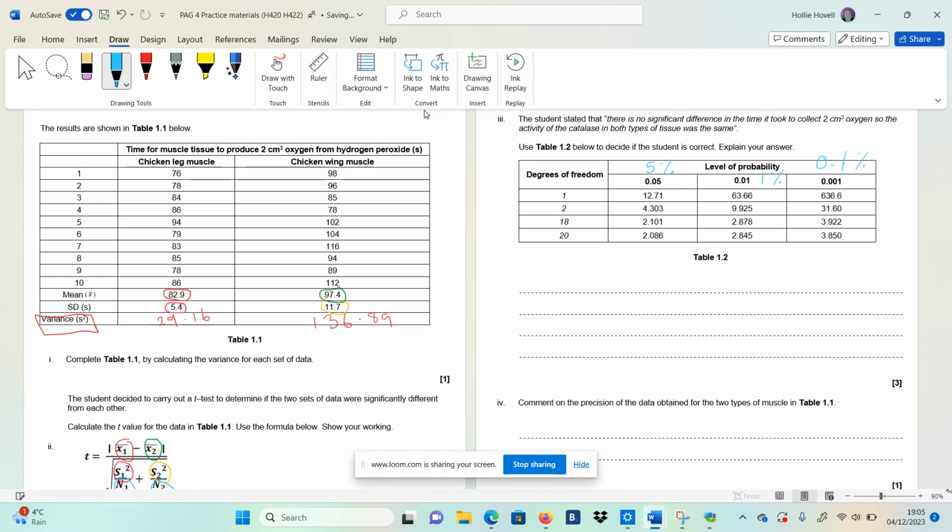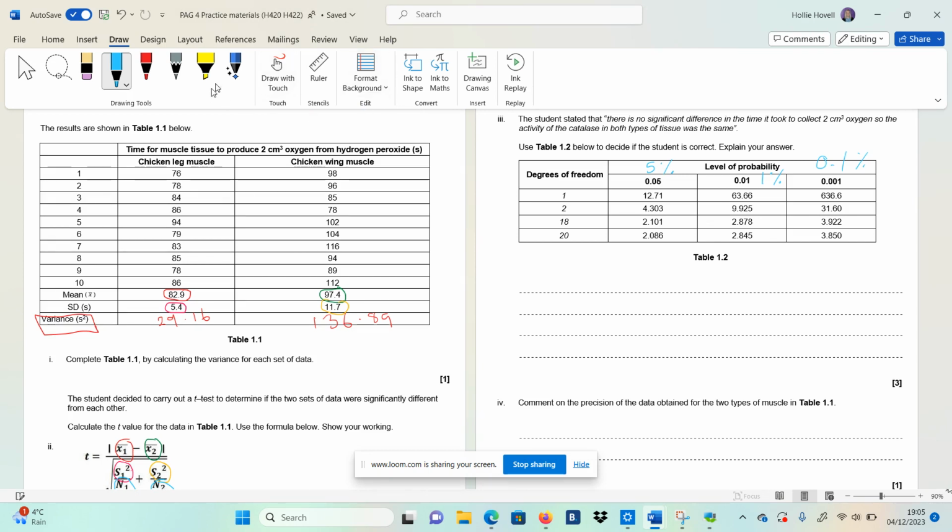Now, this is just, again, following up the statistics. Okay, you'll learn how to do this as we go through, but it's nice to see it in advance and it makes it easier when we get there. So, for biology, we tend to use the 5% column.